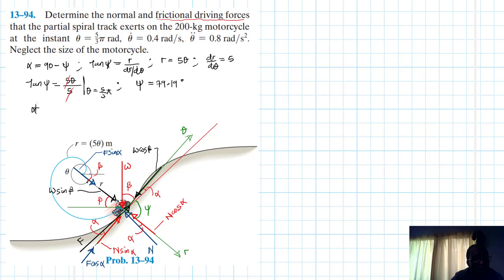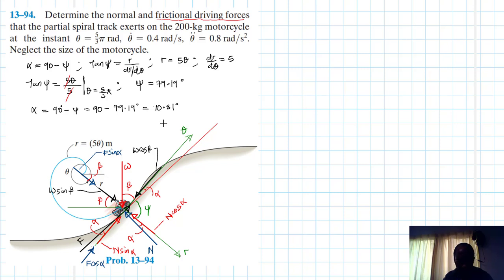Therefore alpha, like we said, is equal to 90 minus psi, which is equal to 90 minus 79.19, and this just gives us 10.81 degrees, right?